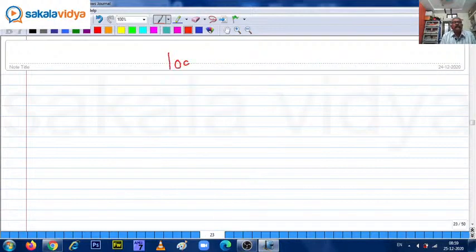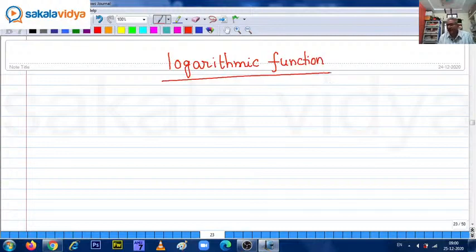Logarithmic function. What do you mean by logarithmic function? Because in the examination you may be asked a question like this: define logarithmic function.